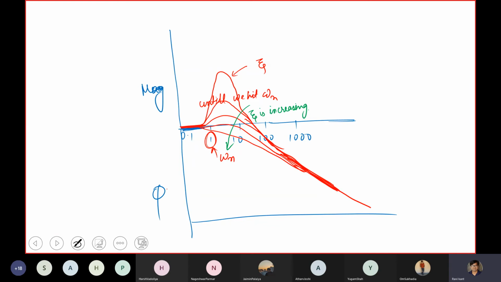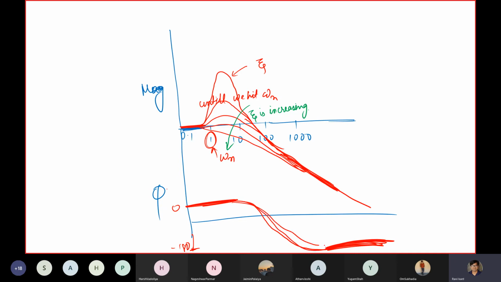With similar explanation, the phase phi would start from 0 and it will reach minus 180 at larger omegas, and it will start from 0 and have some deviating trend in this fashion.